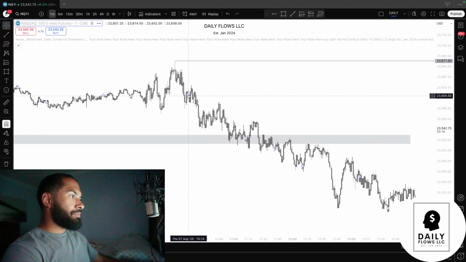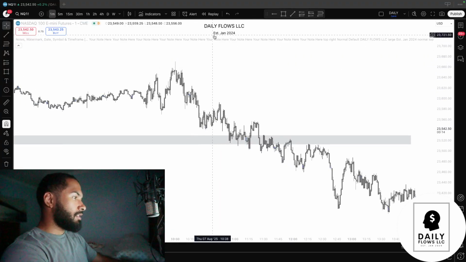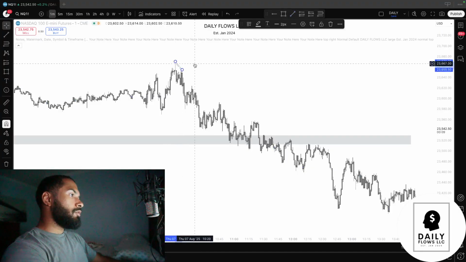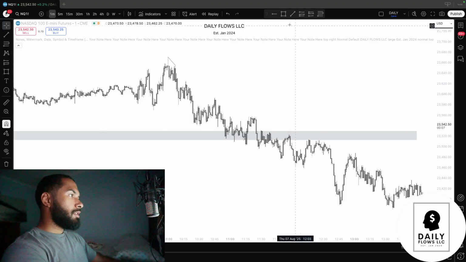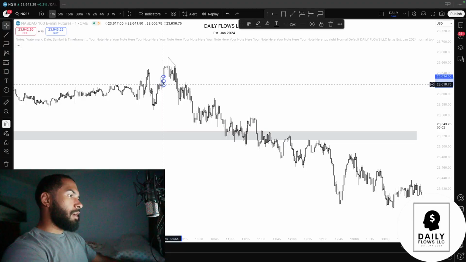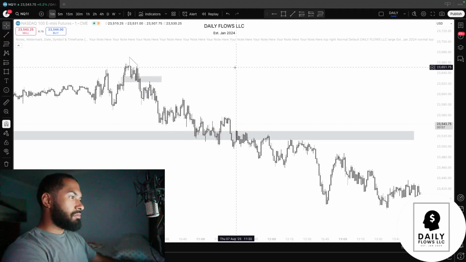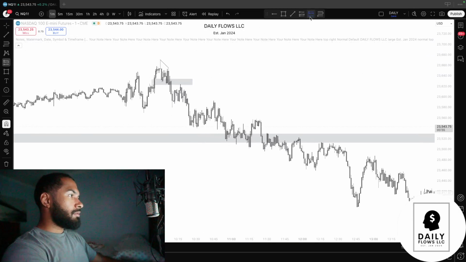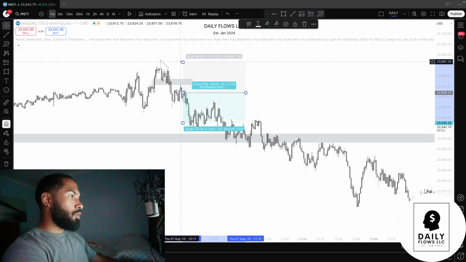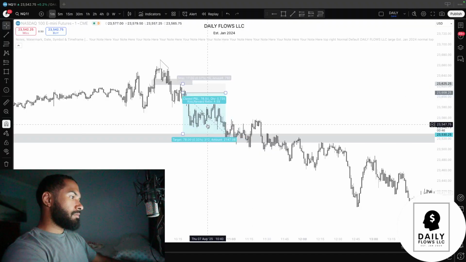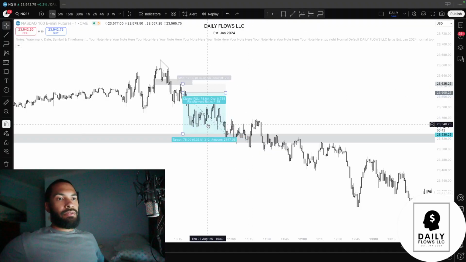If I decided to look at price like this, like, oh, we have this high and a new lower high created, we inversed this fair value gap, and then we pulled back into it, that would have been a great short opportunity into my area of interest. 78 points.